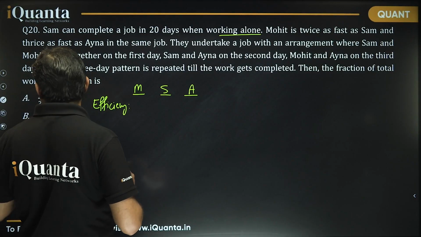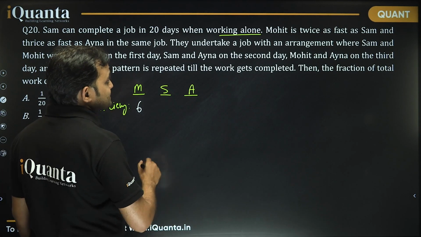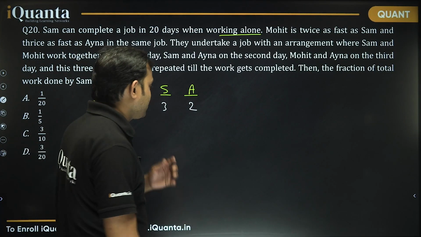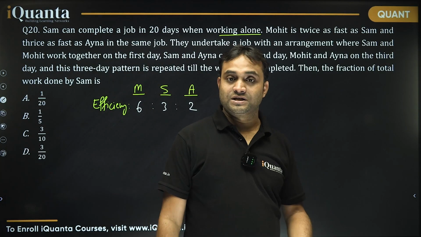So let's say Mohit does 6, then Sam can do 3 units and Aina can do 2 units per day, right? This is the ratio of their efficiency.